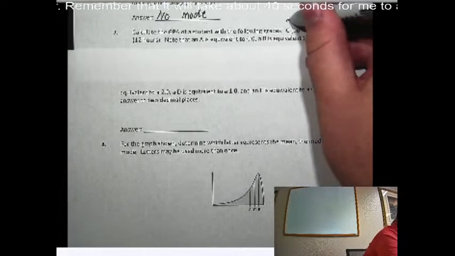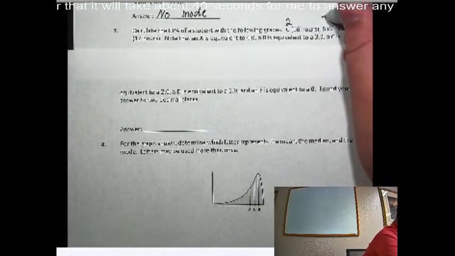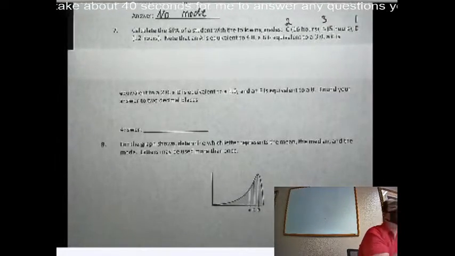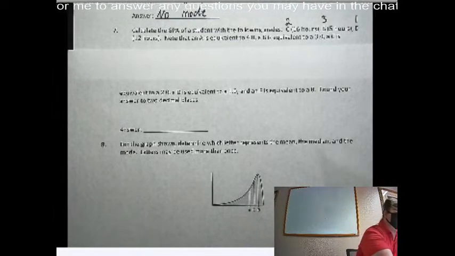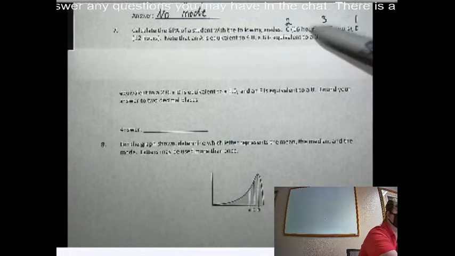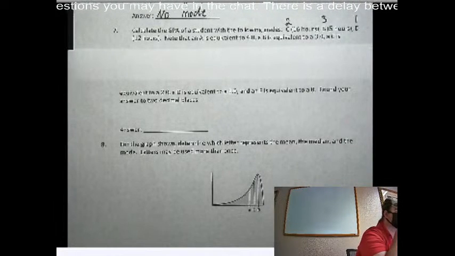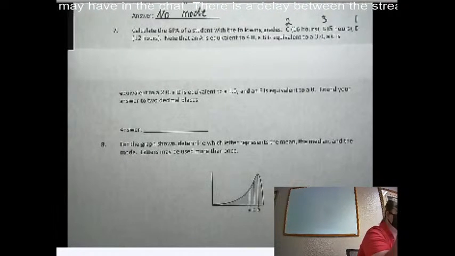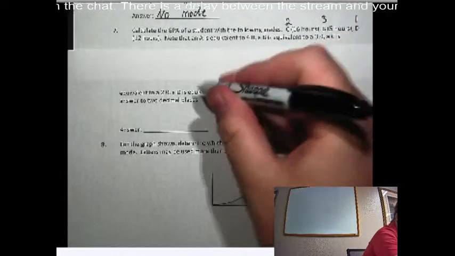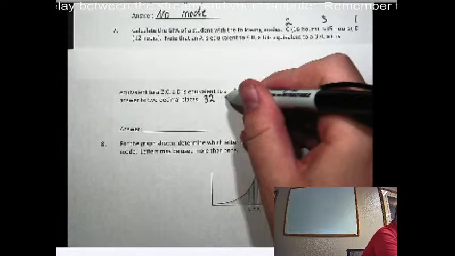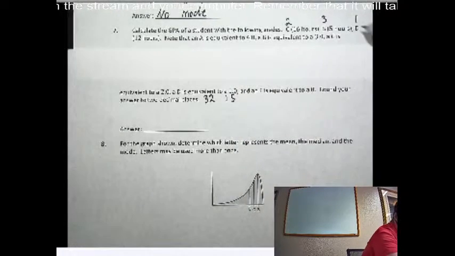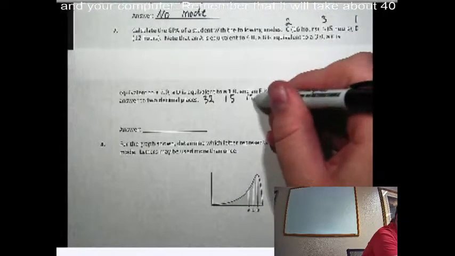C is a 2.0, B is a 3.0, and D is a 1.0. Do you remember what we need to do between these grades and the hours? Was it multiply? Multiply them, yeah. So 2 times 16 is 32. 3 times 5 is 15. And 1 times 12 is 12.